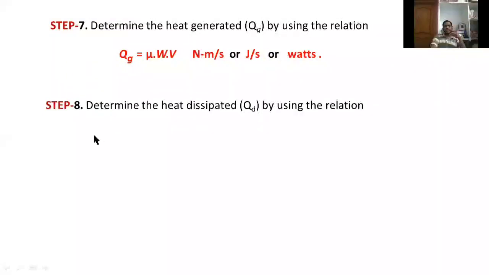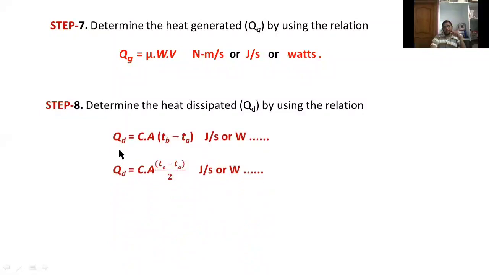In step number 8, you have to find the amount of heat dissipated by the lubricant. Heat dissipation means the amount of heat cooled by the given lubricant. This is the formula: Qd equal to C A into (TB minus TA).